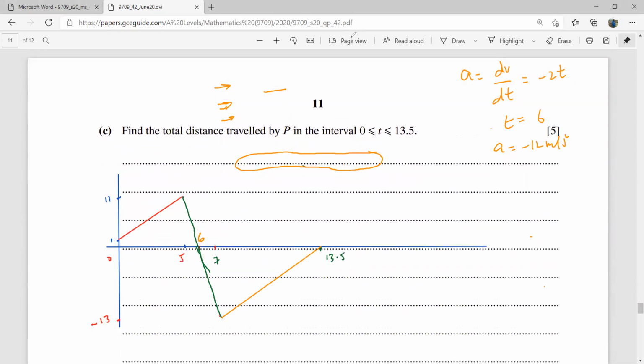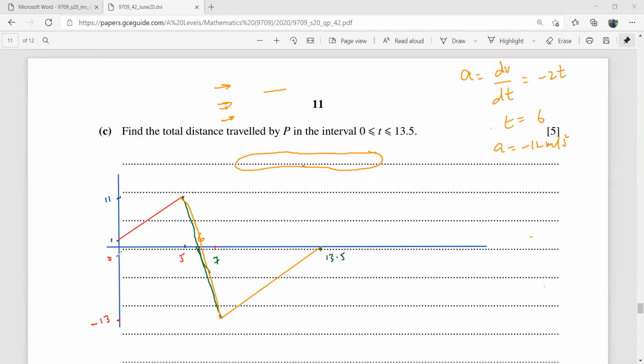It says find the total distance traveled by P in the interval from 0 to 13.5. Now please see, it is not saying find the displacement, it is asking for the total distance. Okay. Please be very careful. Let me just draw it. There's a curve kind of a thing from 5 to 7.